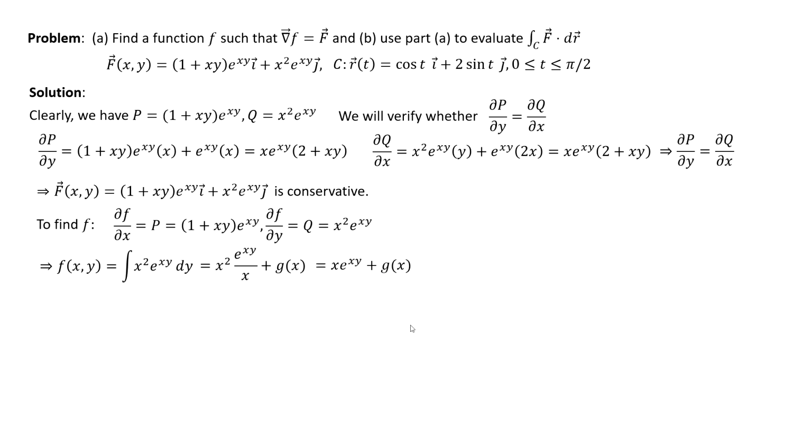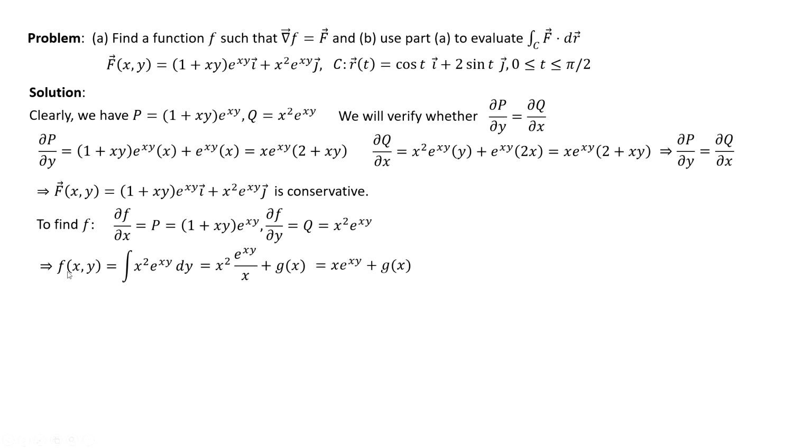Now, this time, what do we need to do? You remember in the previous problem, after we integrated P with respect to x, then we set partial f with respect to y equal to Q. But here we do the opposite.